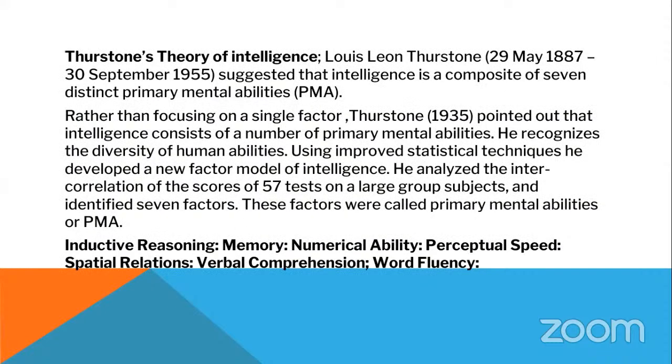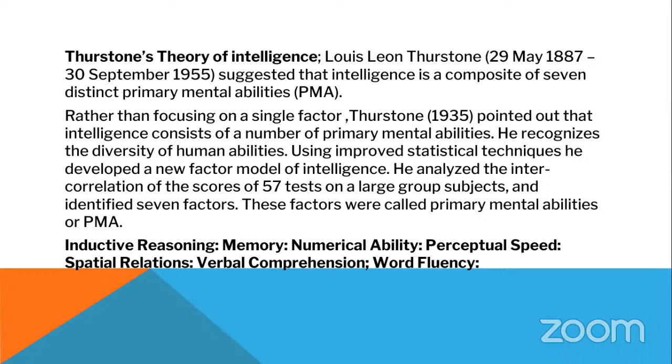Now, this is another example: Thurston's theory of intelligence. It was Louis Leon Thurston who suggested that intelligence is a composite of 7 primary mental abilities. He didn't focus on a single factor, but instead said there is a diversity of human abilities.